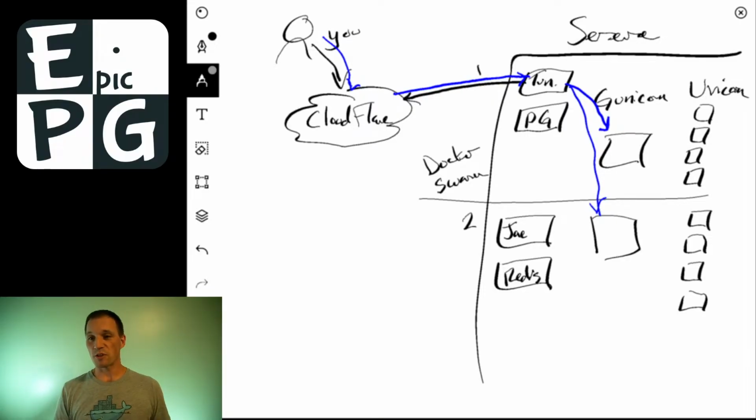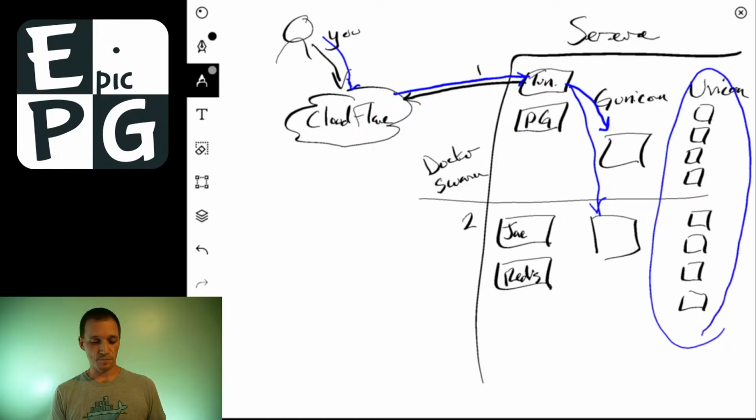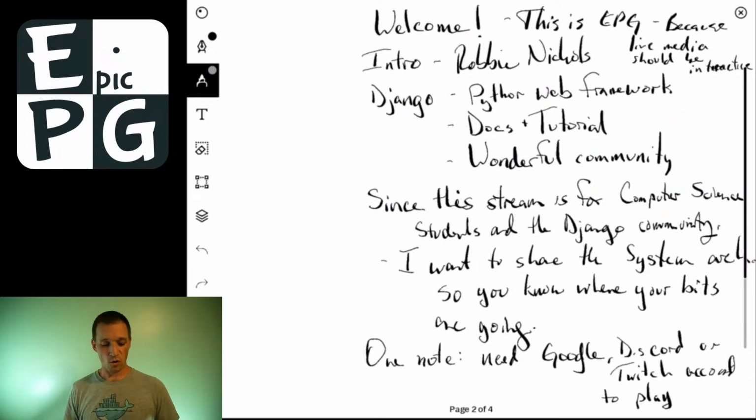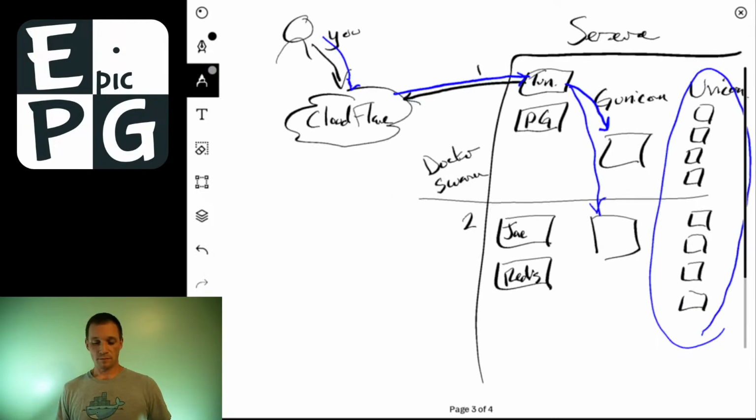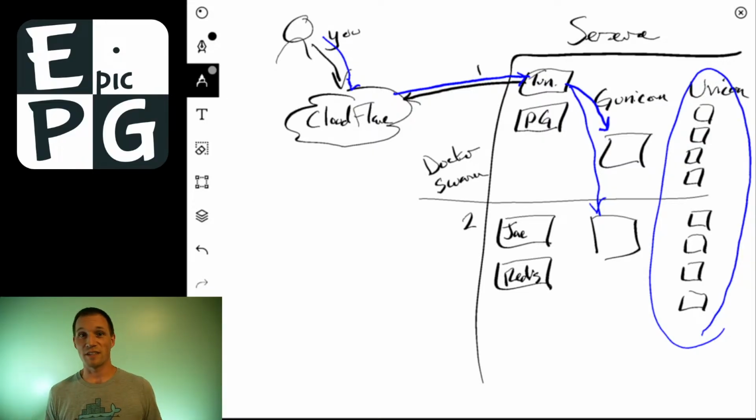All of the web service traffic, however, is going to come over here and hit one of these containers. So depending on what we're doing, your traffic's going to hit Gunicorn or Uvicorn. That's, in a nutshell, the general architecture of this system.